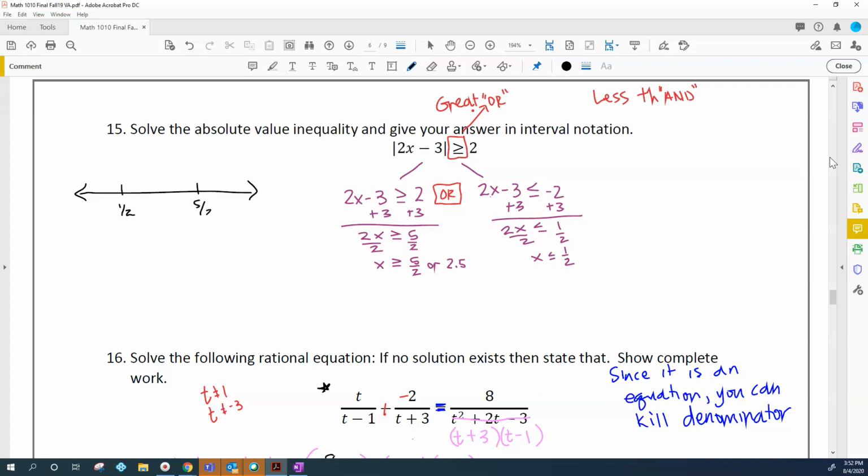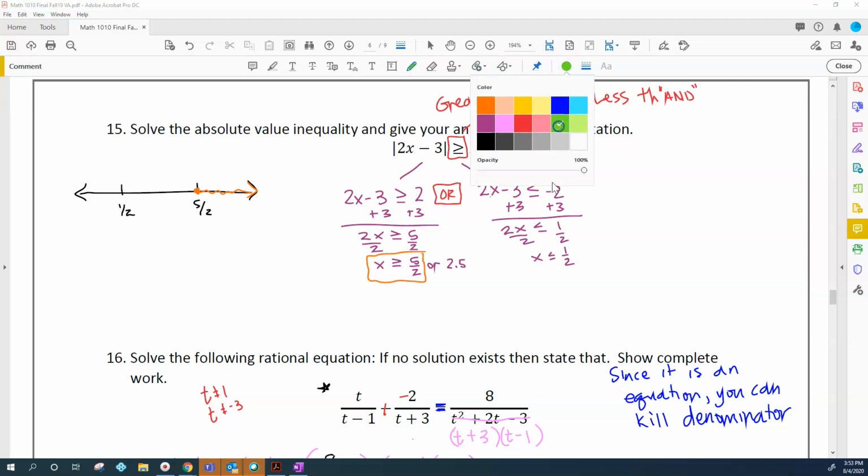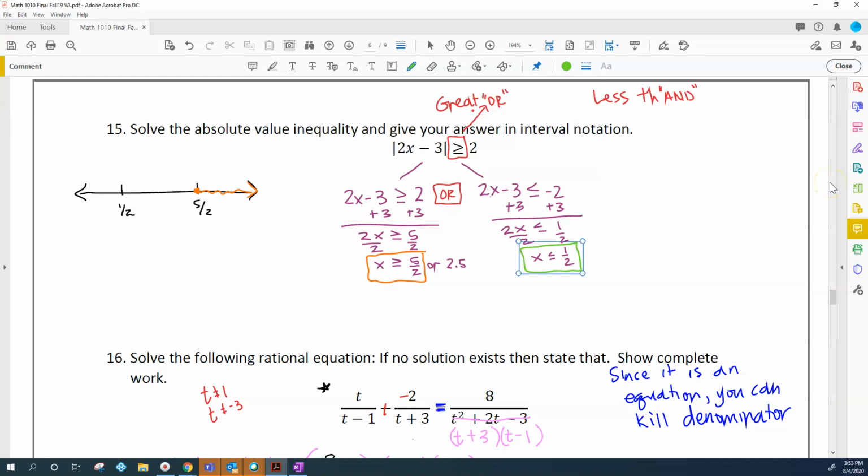For x is greater than or equal to 5 halves, it's going to have a closed-in circle, because it has the equal to part, and everything to the right. And my other one, x is less than or equal to 1/2, I want a closed-in circle there and everything to the left.